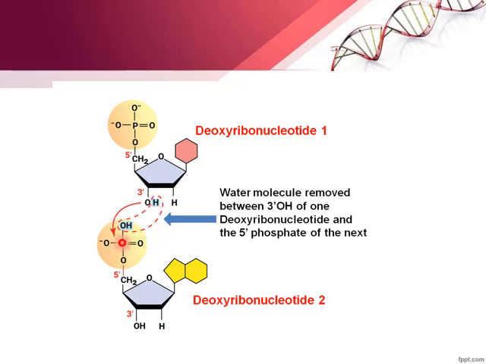This phosphate now forms an ester bond with this carbon. An ester bond is formed between this 3' carbon and the phosphate group. Both are linked through oxygen. Note that this phosphate is already bonded to this 5-carbon sugar here through an ester bond. That's why these two bonds together are known as phosphodiester bonds.